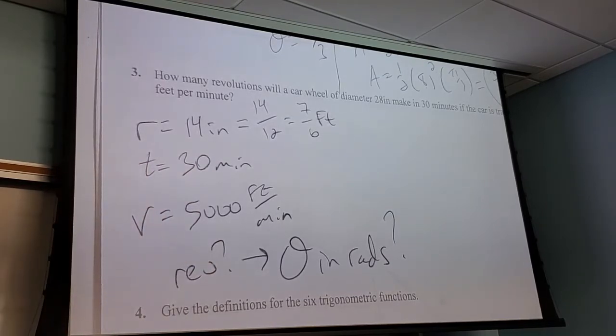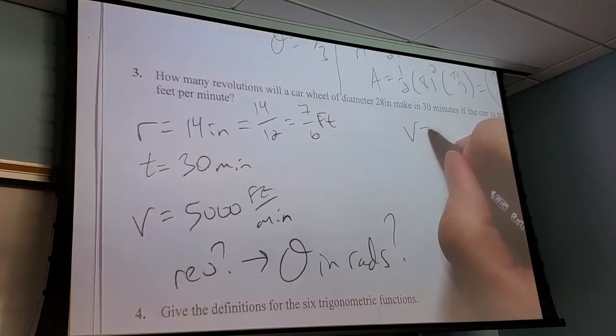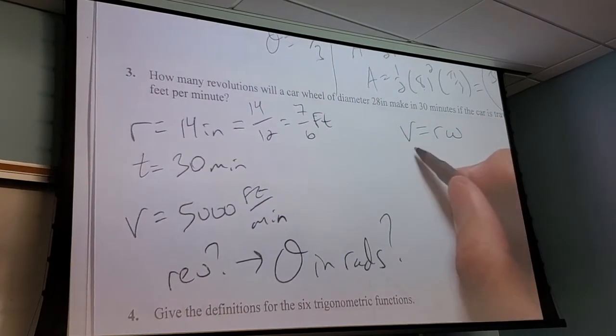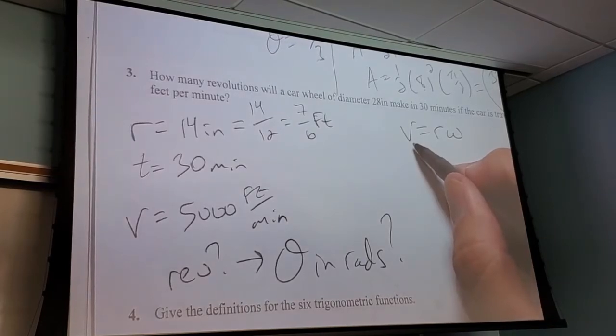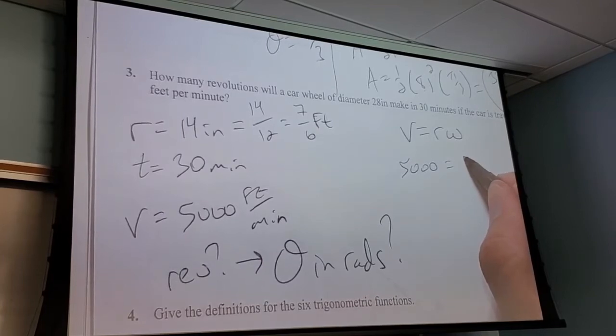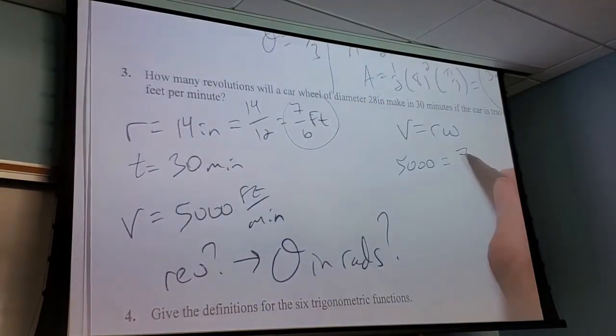And how do I figure out omega? Can't I use this? So if I use this, can I figure out what the little curvy w is? What's v? 5,000. And what's r? 7/6.